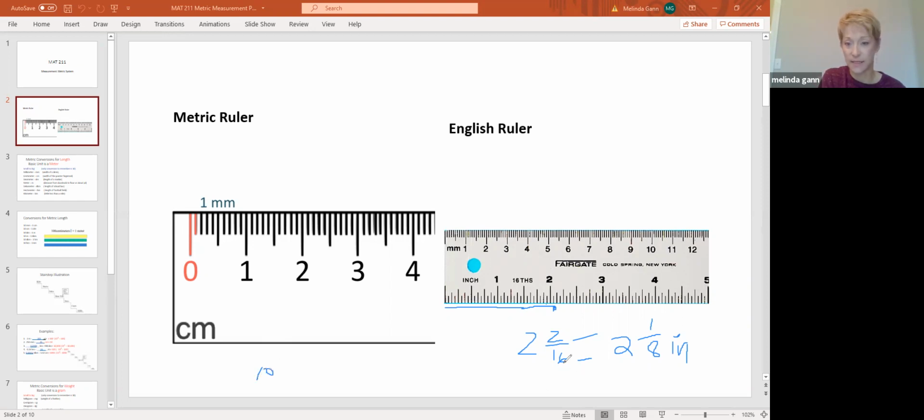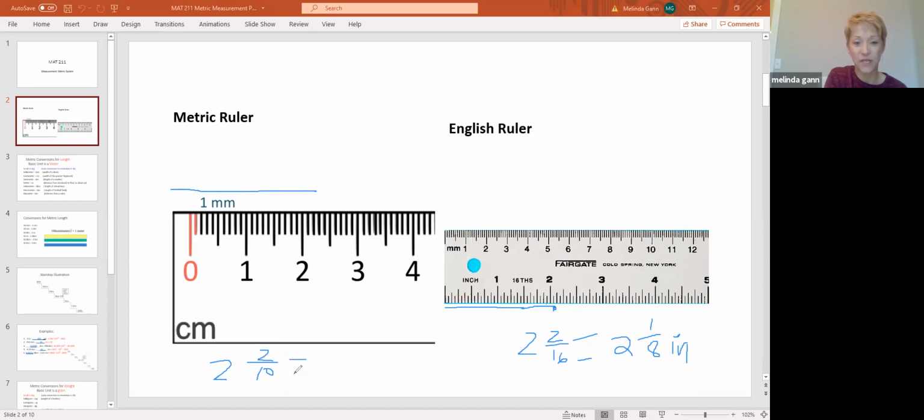Not 16. So look what happens right here. Suppose again, I'm measuring a segment that's like 2 little tick marks past 2. Okay, then it would be 2 and what? 2/10.